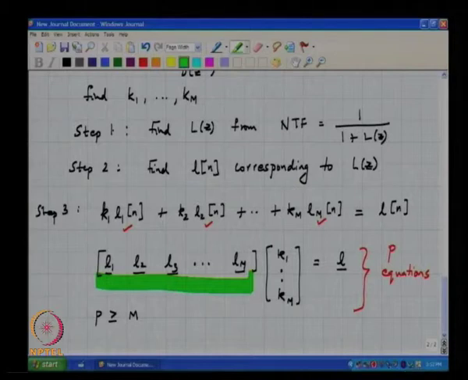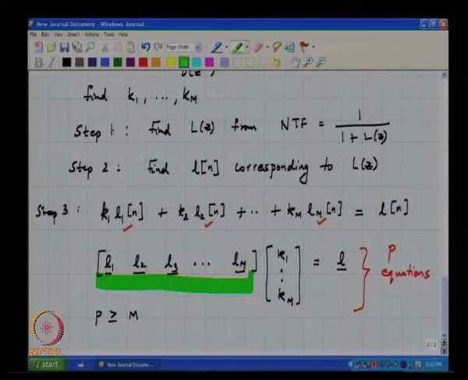You are trying to find that linear combination of these vectors L1 through Lm which will give L, and because the poles of the continuous time system have been chosen in an appropriate manner, it will follow that regardless of the number of equations P, in other words regardless of the length of the column vectors L1 through Lm and L, the vector on the right hand side, L, will always lie in the column space of L1 through Lm.